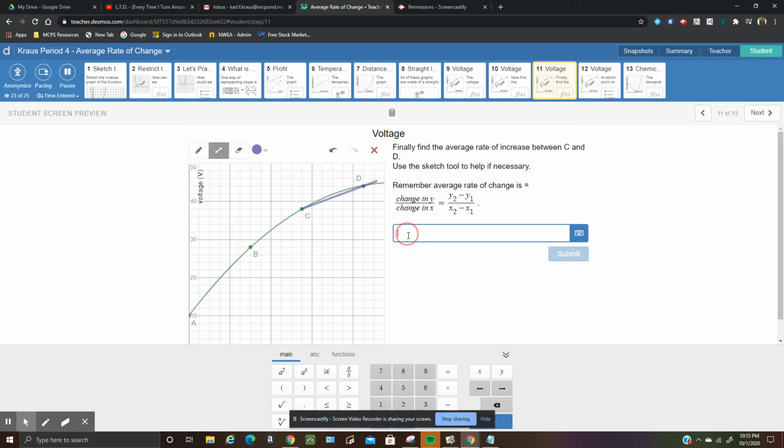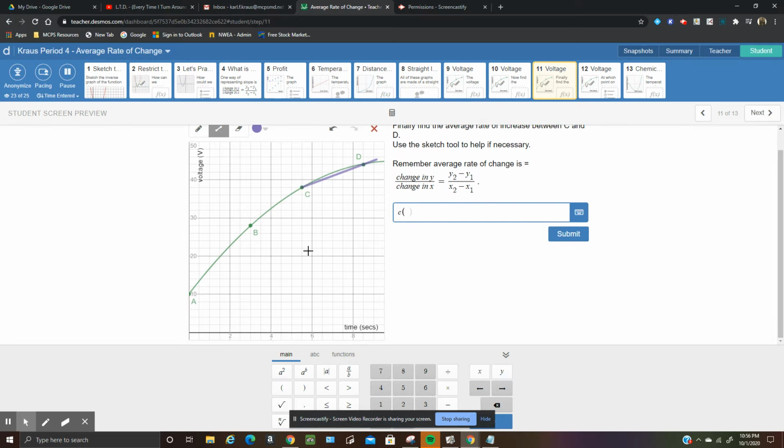So see, once again, (5.5, 38), and D is (8.5, 44).